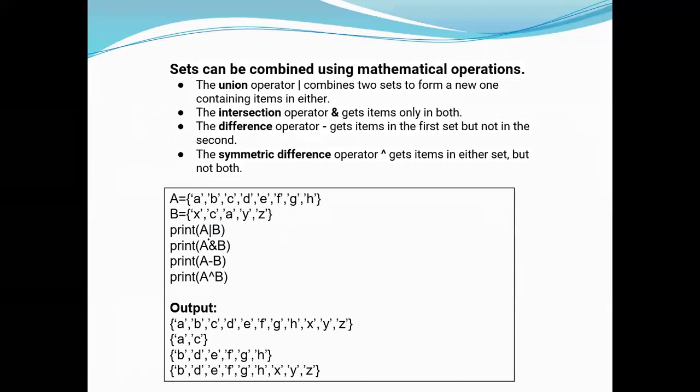This is actually the union operator. So if I say union, what will happen? I will combine the elements of A and B and put them inside a new set. So A and B will be combined now. So I will get A, B, C, D, E, F, G, H, X, Y, Z.